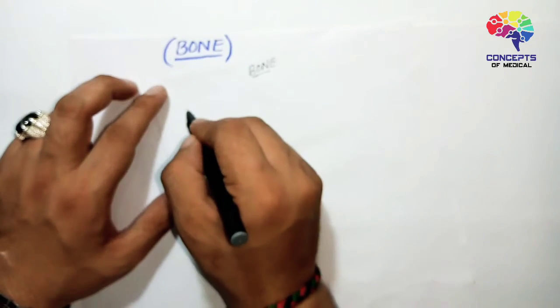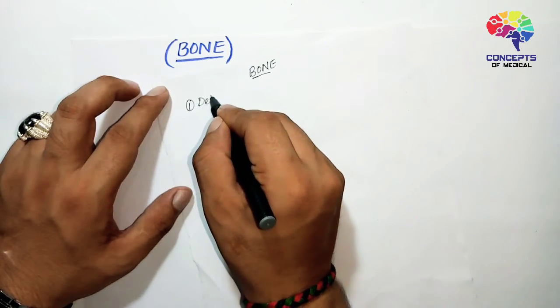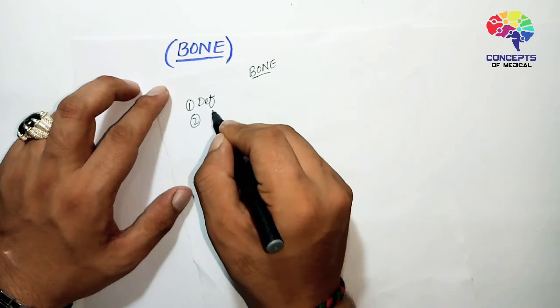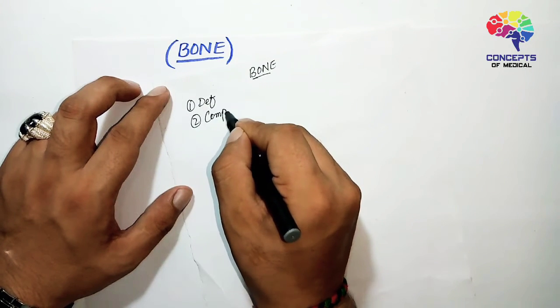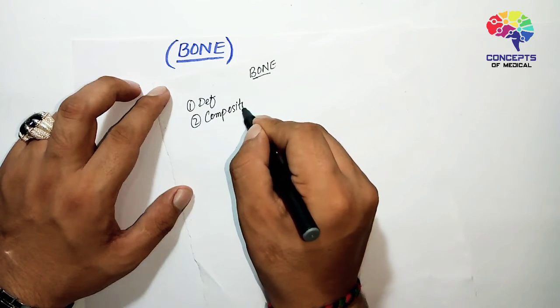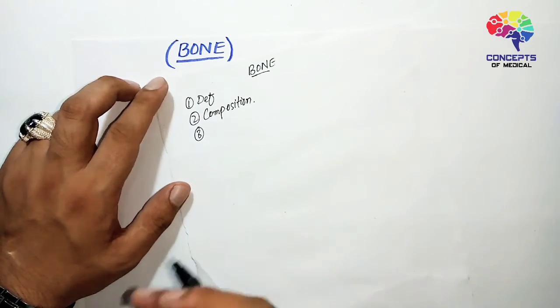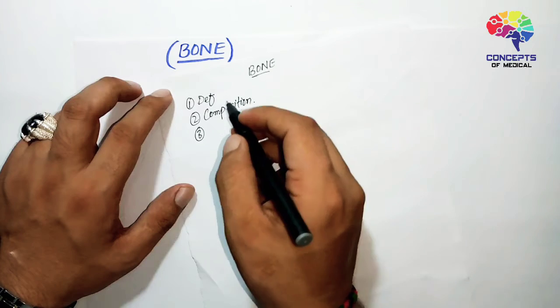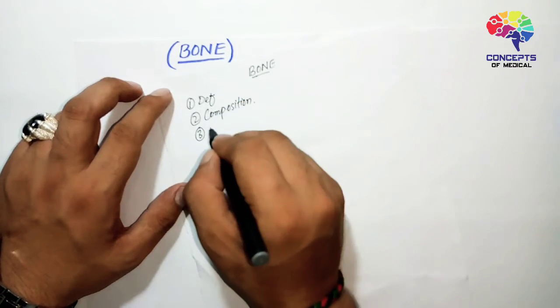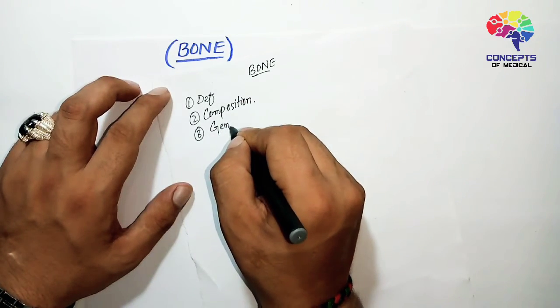First we will talk about its definition, and then we will talk about its composition, what it is composed of, what its constitutions and its parts are. Third, we will discuss its general structure.